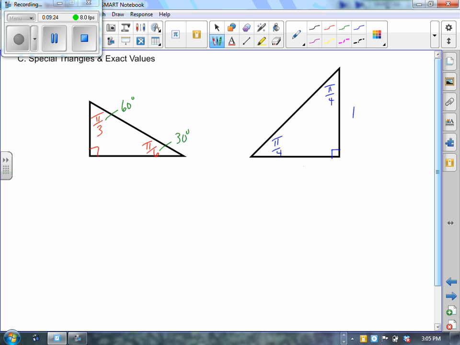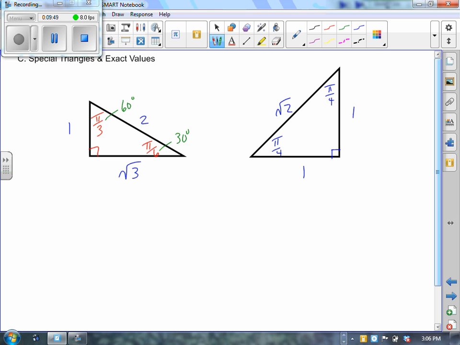The pi by 4 special triangle had side lengths of 1, 1, and root 2. And then the 30-60 triangle had hypotenuse 2, the opposite side to pi over 6 was 1, and then root 3.